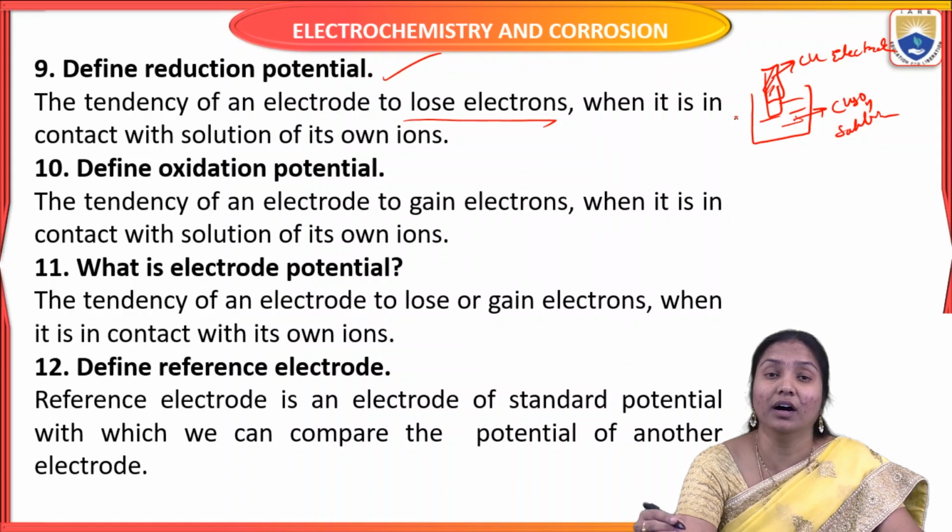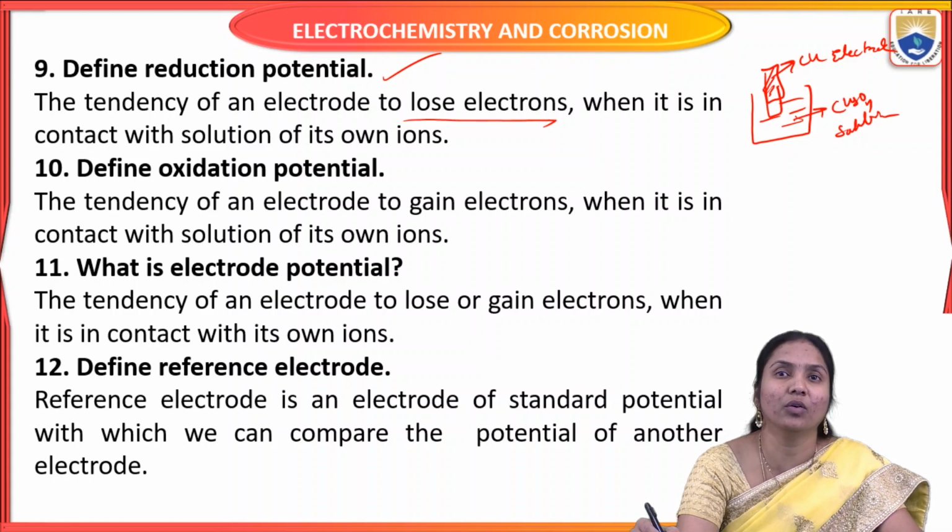When we dip this copper electrode in this copper sulfate solution, the electrode gains electrons from its own salt solution. That means it gains negative charge and copper ions deposit there as copper metal. So in this case it develops reduction potential.